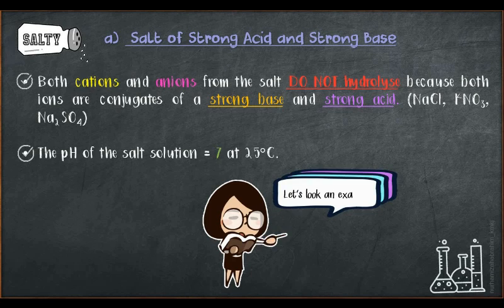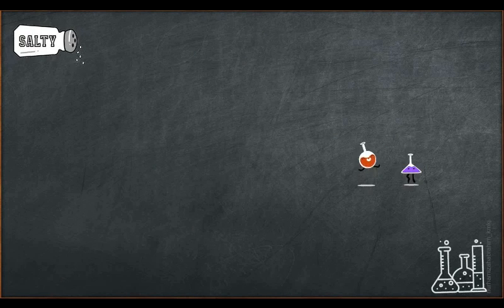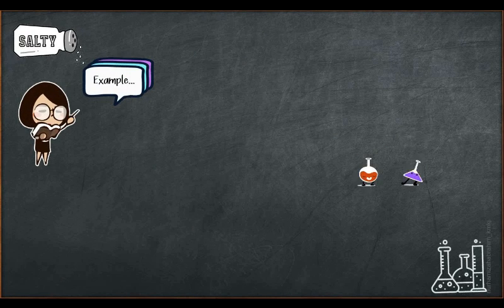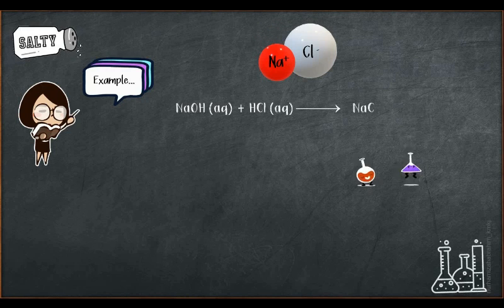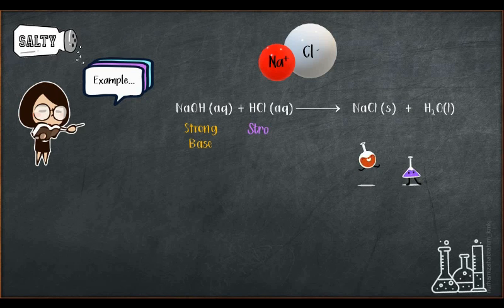Let's look at an example of salt hydrolysis from this salt. We take sodium chloride as an example. Sodium chloride is formed from sodium hydroxide reacting with hydrochloric acid, where sodium hydroxide is a strong base, while hydrochloric acid is a strong acid.